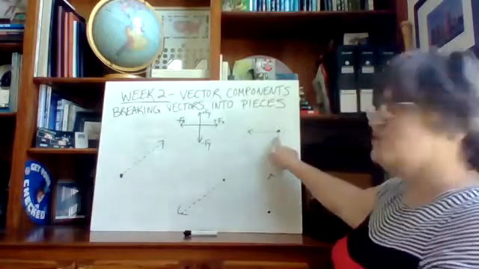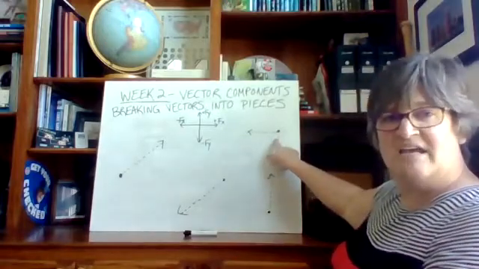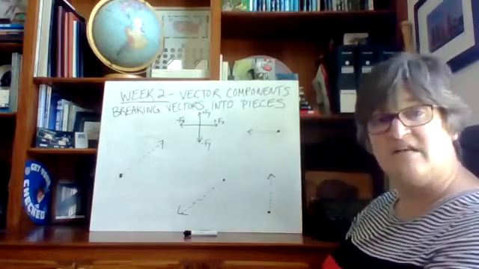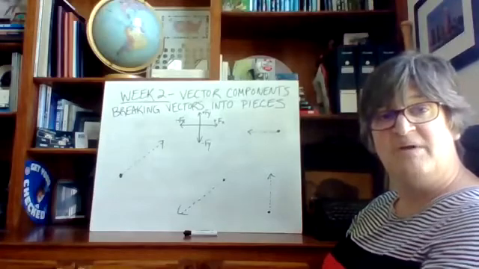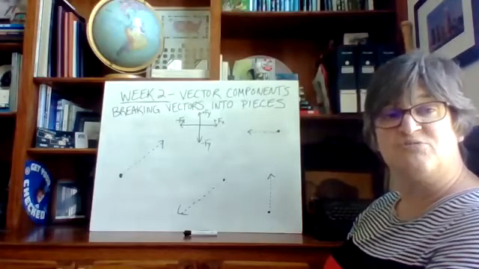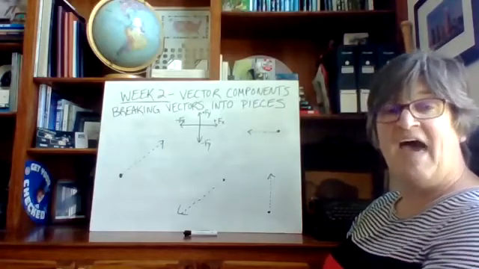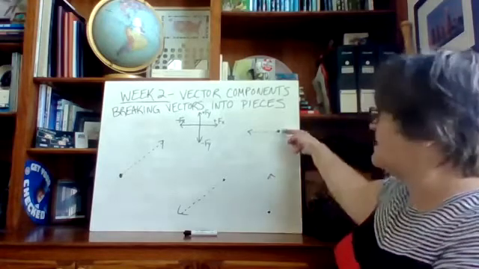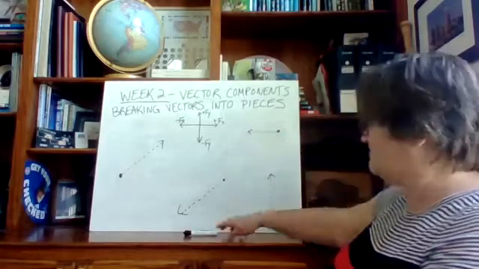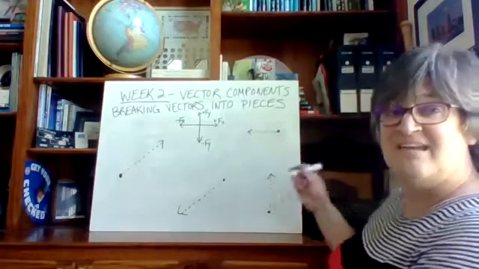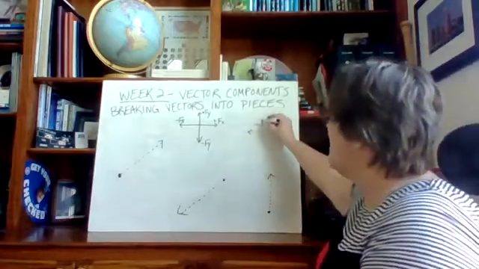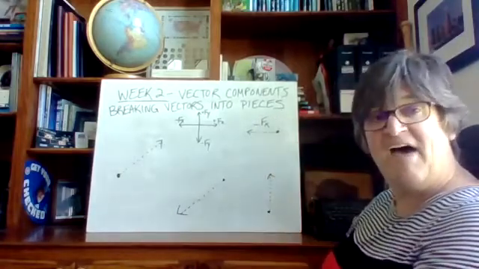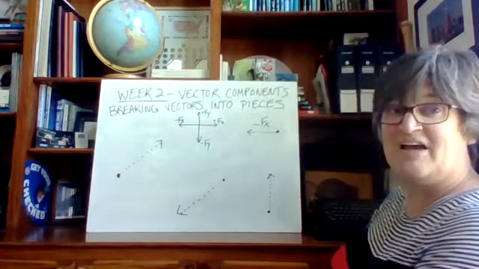So if you took this arrow right here and you wanted to break it up into pieces, there'd be no reason to put it in pieces because it's already pointing straight across. That happens to be the x direction. And because it's pointing to the left, it would be a negative Fx, or we could assign a value to it and a direction.